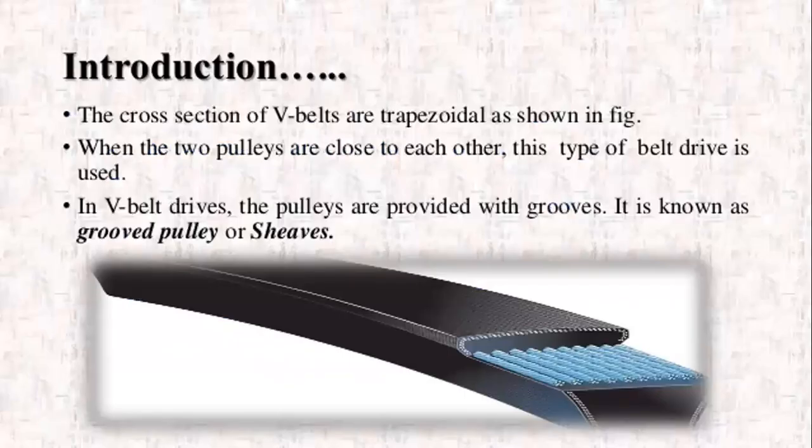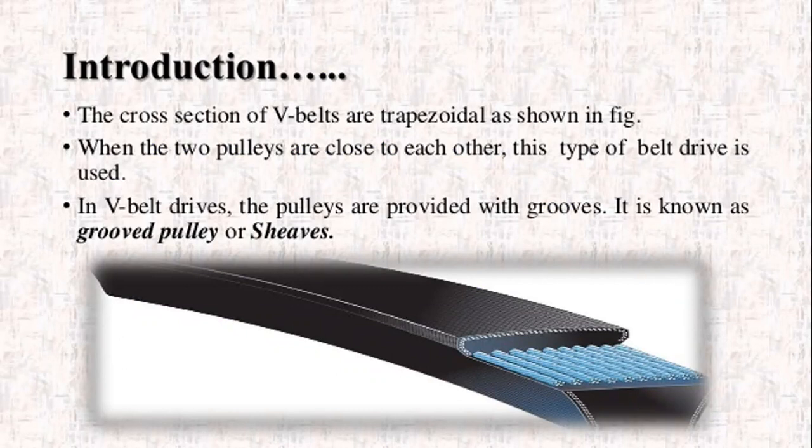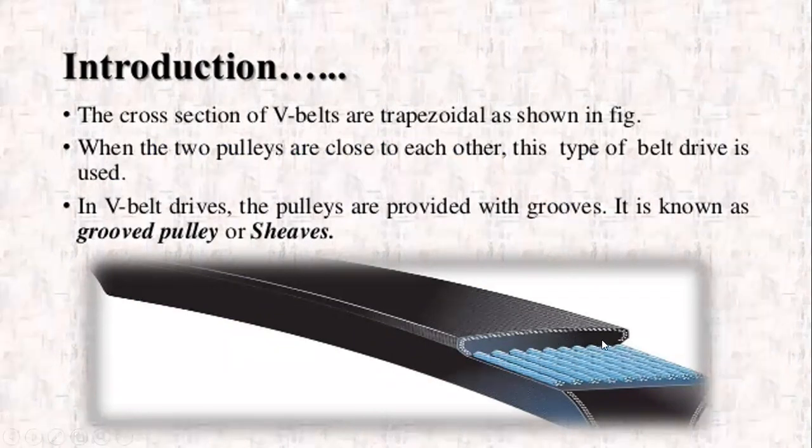Next, coming to the introduction, the cross section of V-belts is generally trapezoidal in shape. In the figure, you can see the trapezoidal shape here. This is the V-belt which is attached for power transmission.